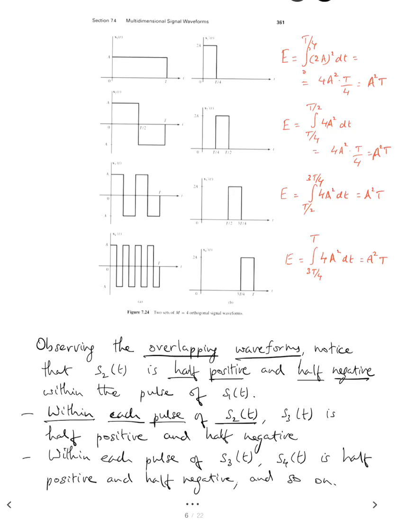So each of these signals will lie on a particular basis function and a particular axis, and on each axis there will be only one signal. For 4 signals we'll have 4 axes, that is a 4-dimensional space, and each axis will contain only one signal. And since all the 4 axes are orthogonal, all the 4 signals are also orthogonal.